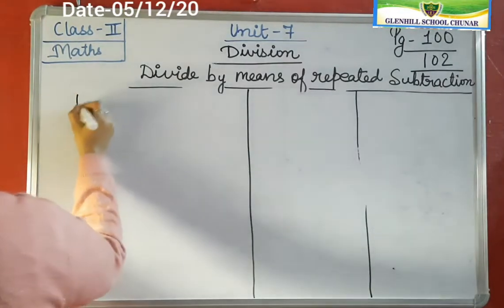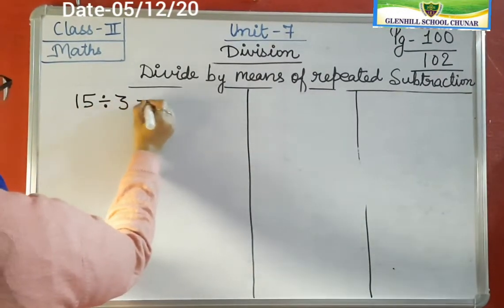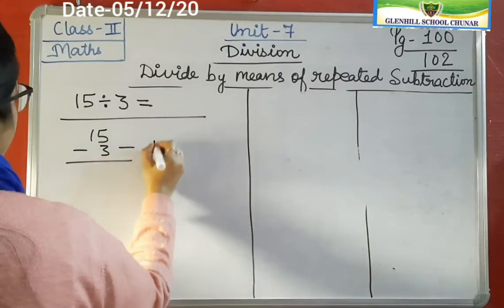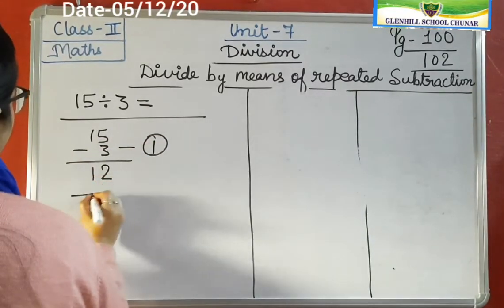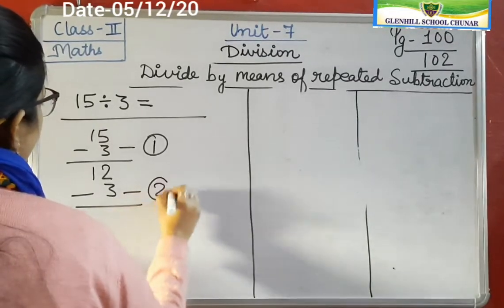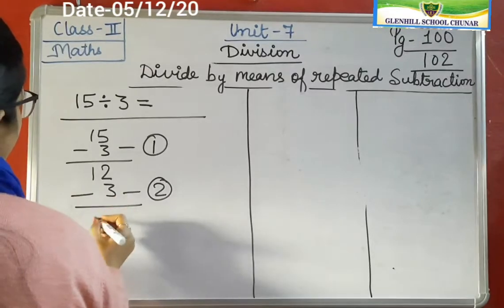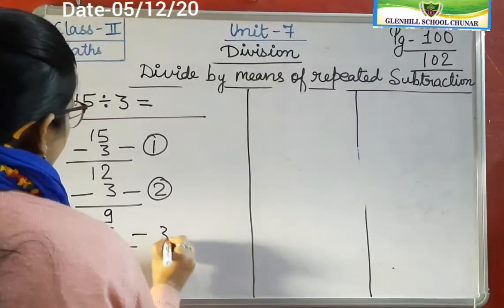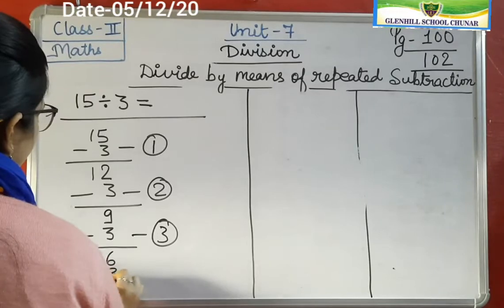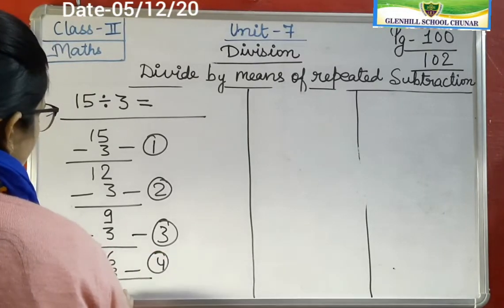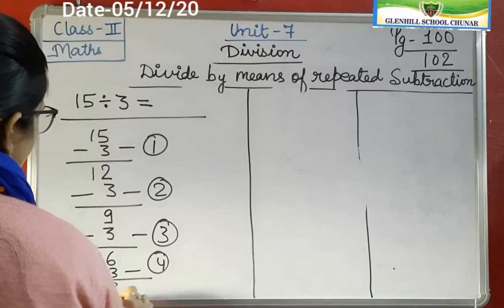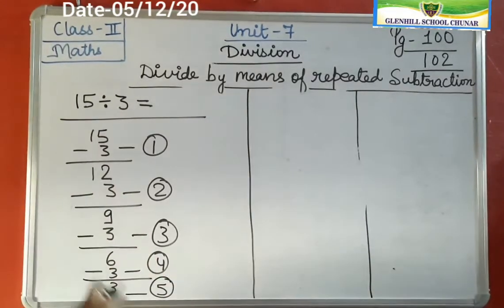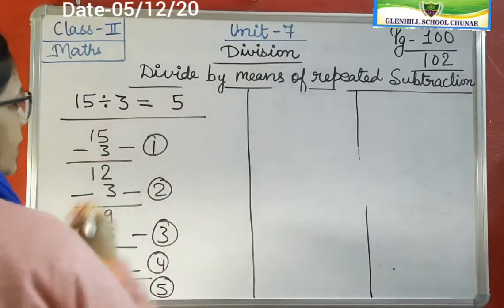Now see here, 15 divided by 3 is equal to, now from 15 minus 3, it comes 12, again 3, 2 times, it comes 9, again 3, 3 times, 6 minus 3, again 3 minus 3, here it comes 0, 5 times. So 15 divided by 3 is 5 times.